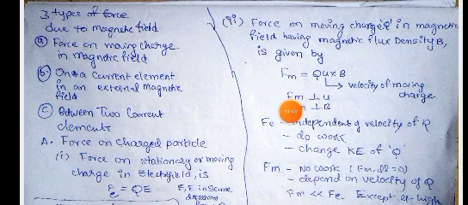So magnetic force is perpendicular to U, and perpendicular to B. So magnetic force is perpendicular to both U and B.